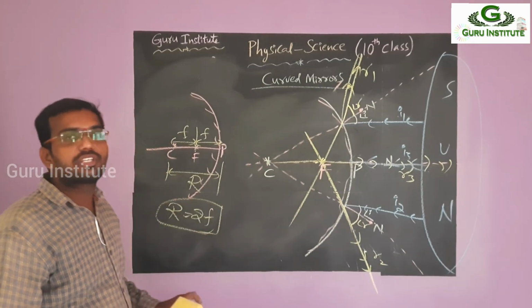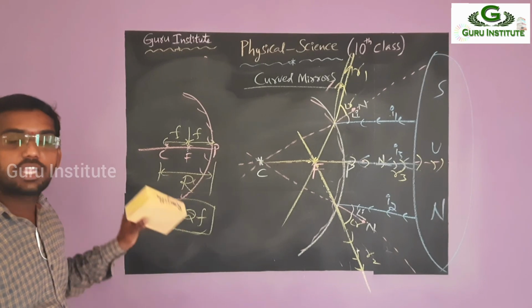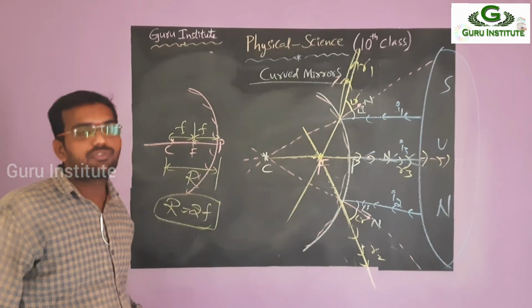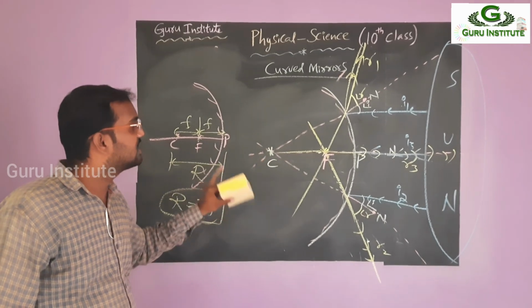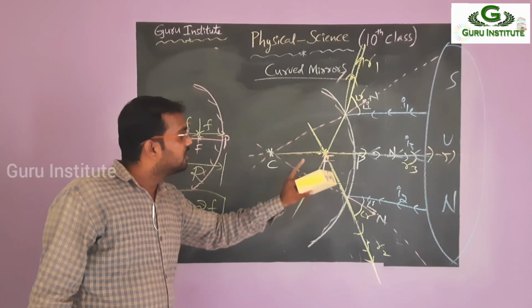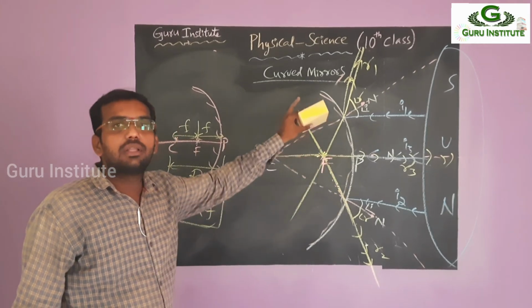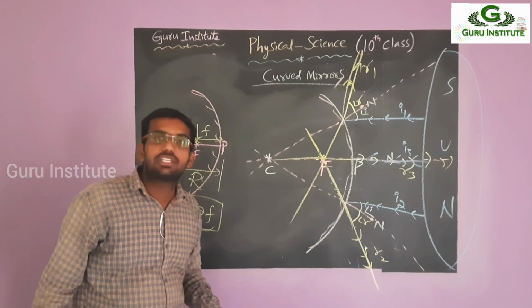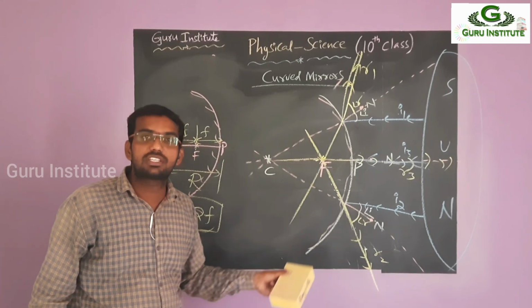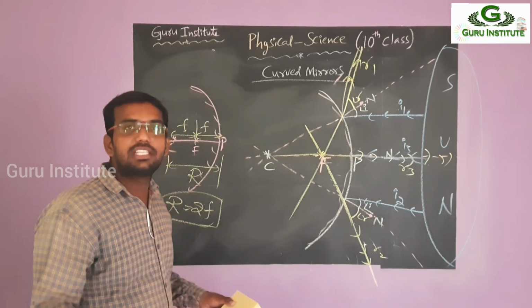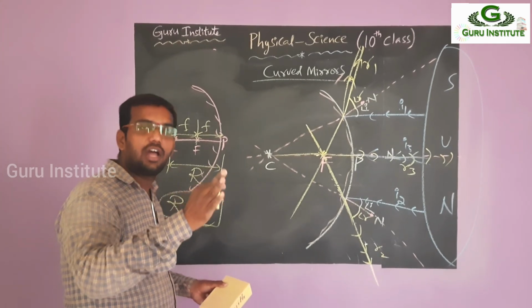Okay, this is the basic nature of the concave mirror and convex mirror, and the names: pole, focus, center of curvature. A quick review. Pole is nothing but the midpoint of the mirror, and F is the point of intersection of rays after reflection, whether directly or indirectly. If they meet directly, that is called converging, which happens in the concave mirror.